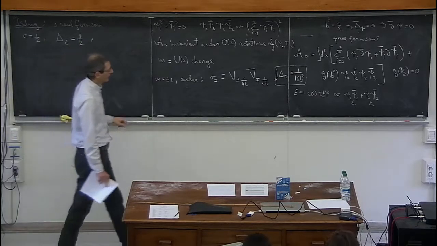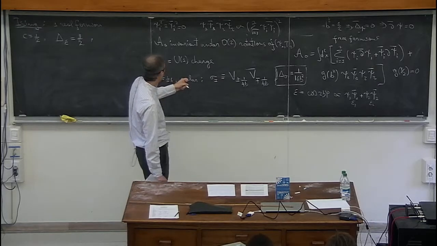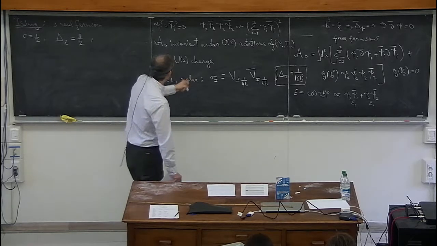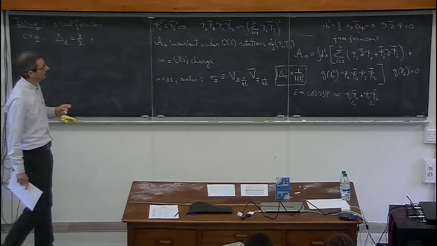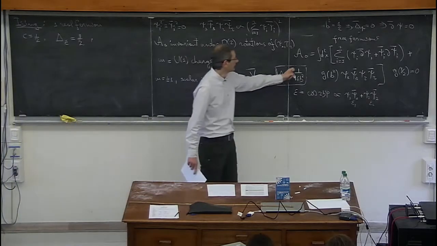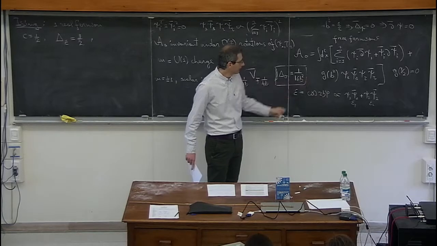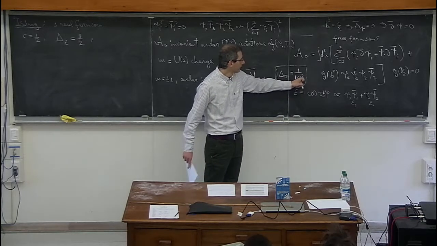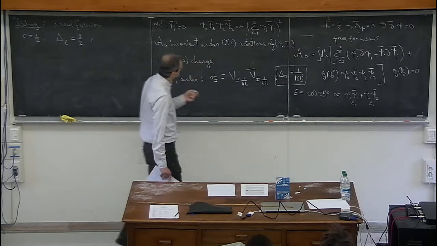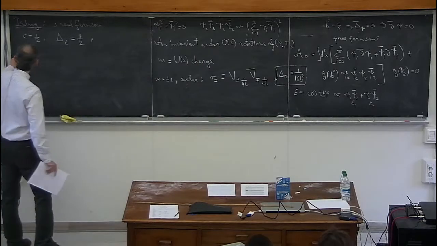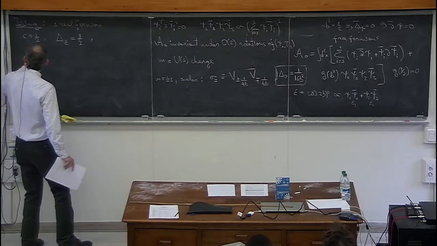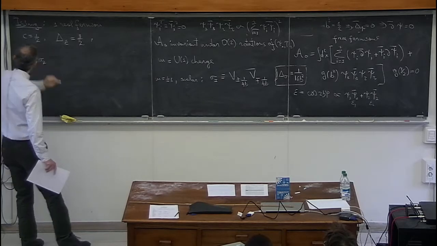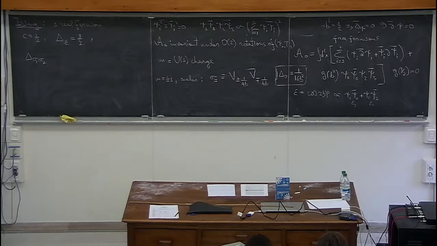Well, for sigma, the story is more subtle. I have identified the sigma for the O2 symmetry. It is here, this is 1/16 beta squared. So for beta squared 1/2, you get 1/8. But this 1/8 actually turns out to be the dimension of the product of the two Ising spins.